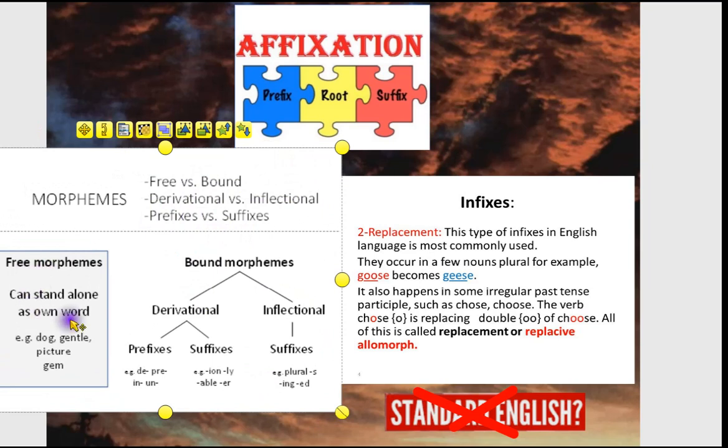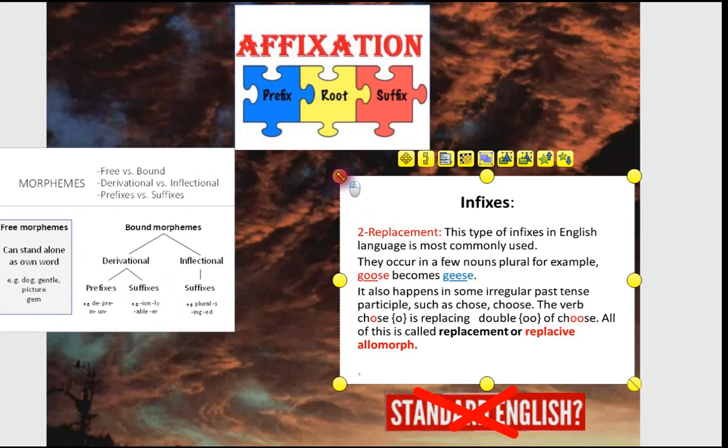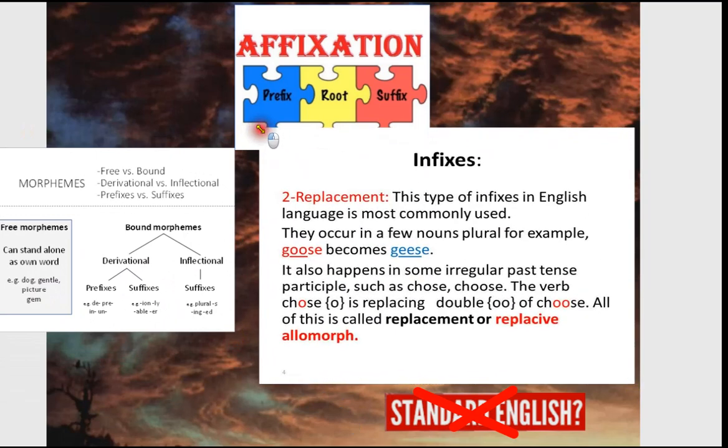Free morphemes can stand alone as a known word, like dog, gentle, picture, gem. And the bound morphemes, they are divided. Derivational, inflectional, prefixes, suffixes. We also have the infixes. Although they do not exist in standard English.